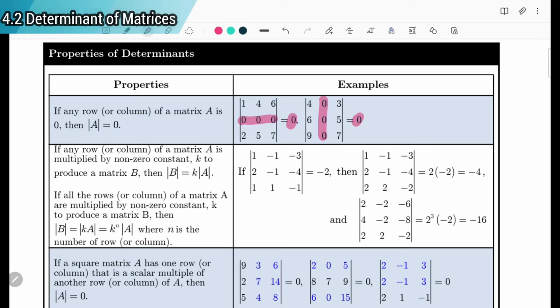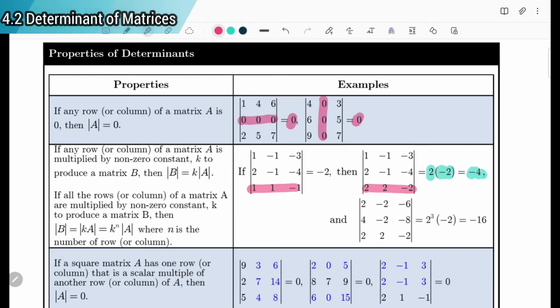If any row or column of a matrix A is multiplied by a non-zero constant K to produce a matrix B, then the determinant of B is equal to K times the determinant of A. As you can see here, the last row is multiplied by 2, so the determinant of B will be 2 times the determinant of A. Then you get negative 4.